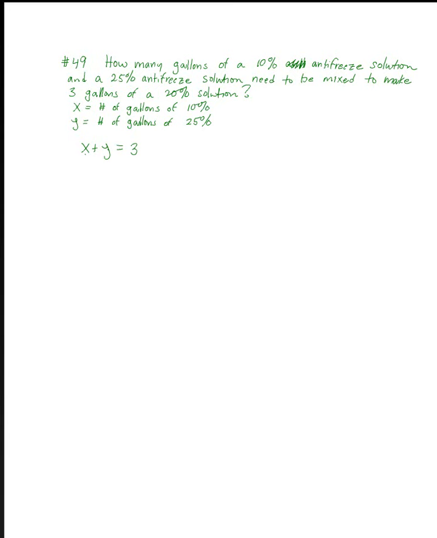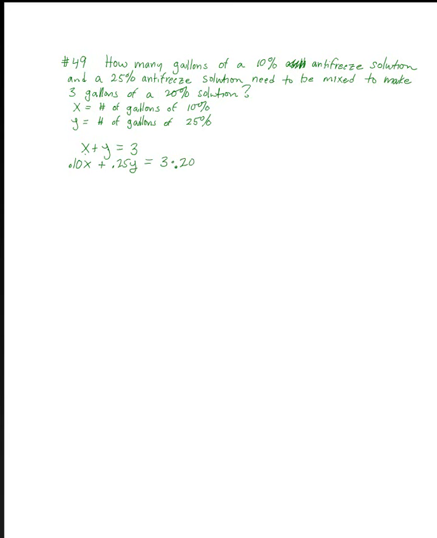And then we need to come up with a 20% solution. So if I take 0.10x, that gives me the amount of antifreeze in the 10% solution plus 0.25y. There's the amount of antifreeze in the 25% solution. And when I get all done, I want 3 gallons at 20%. So there's my second equation.